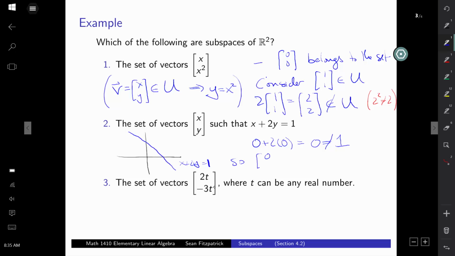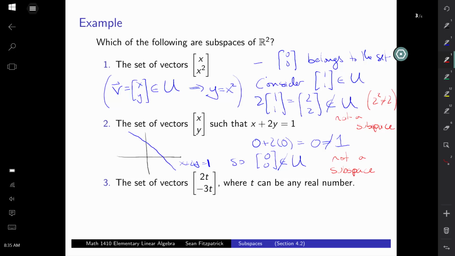So the zero vector is not in my set, and if the zero vector is not in there, it can't possibly be a subspace. So this is not a subspace.